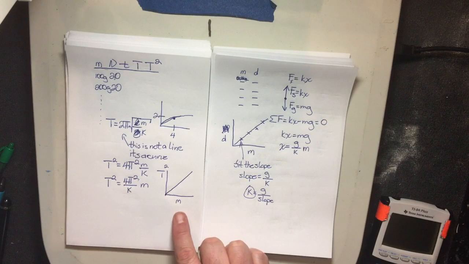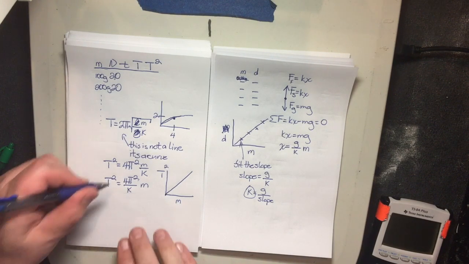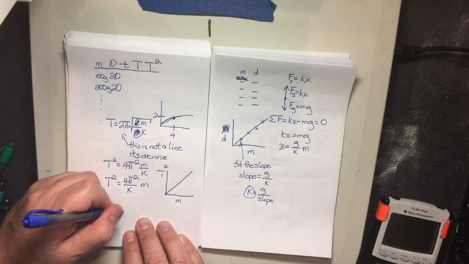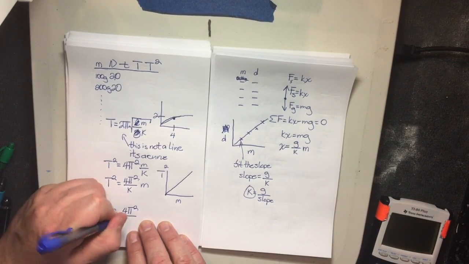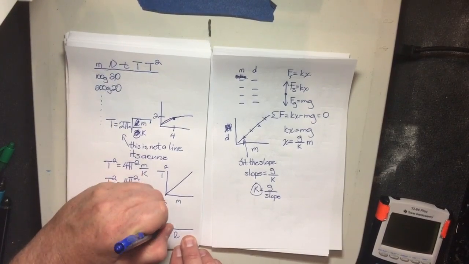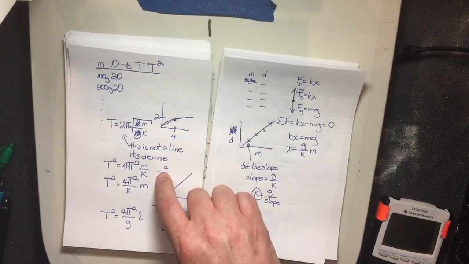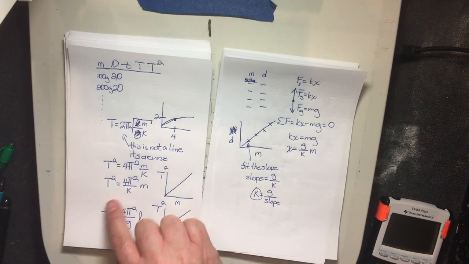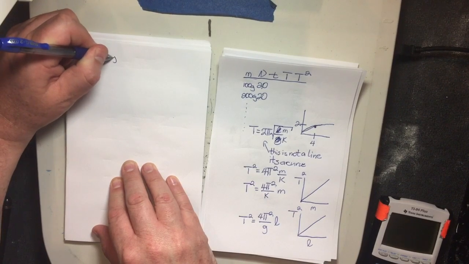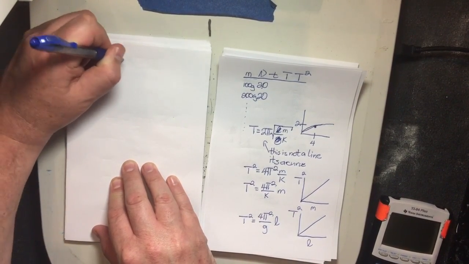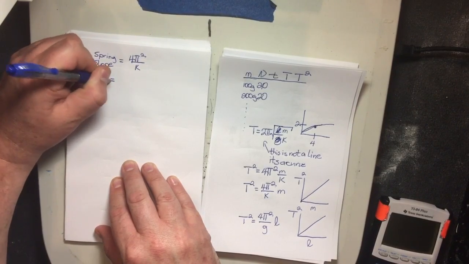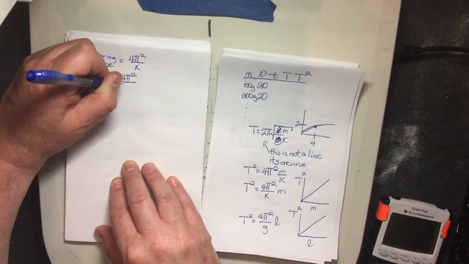You need to plot it like this. In fact, when you do the simple pendulum, what they'll have you do is plot both of those things with T squared and m, and then L. What you end up with is that the spring slope is equal to 4 pi squared over k, so that k is 4 pi squared over the spring slope.